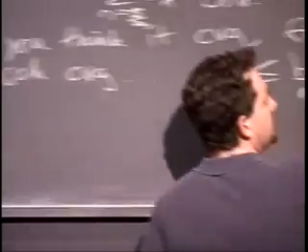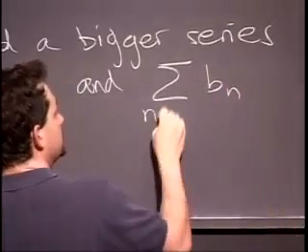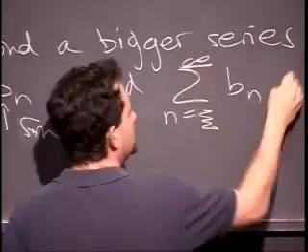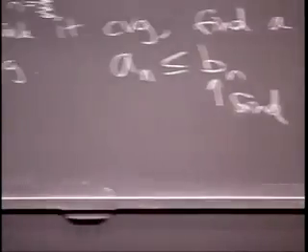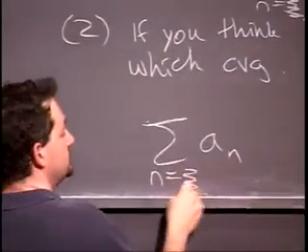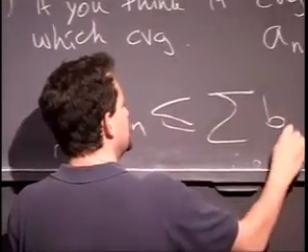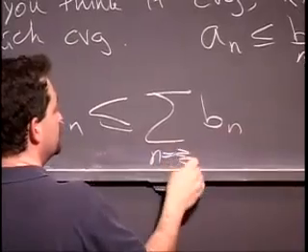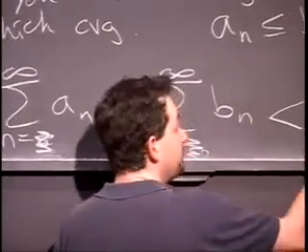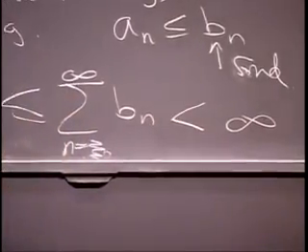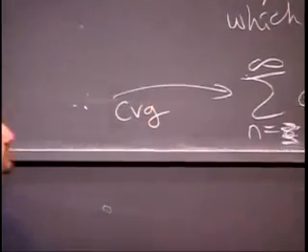And you want the new series to converge. So then you have the sum of a_n from wherever to infinity is less than the sum of b_n, which is presumed to be finite. Therefore, this converges after all, as you want.